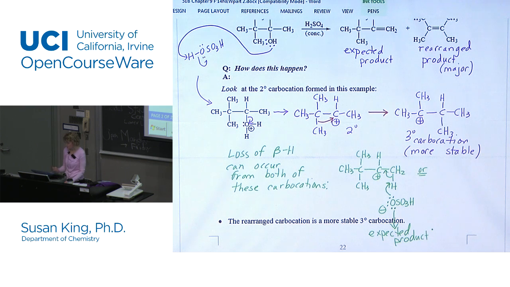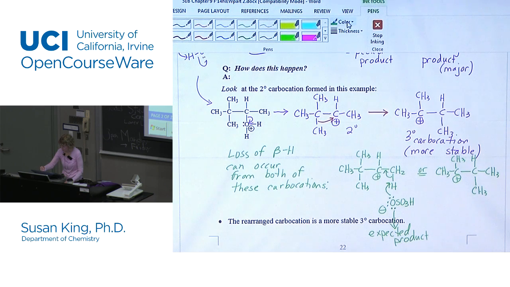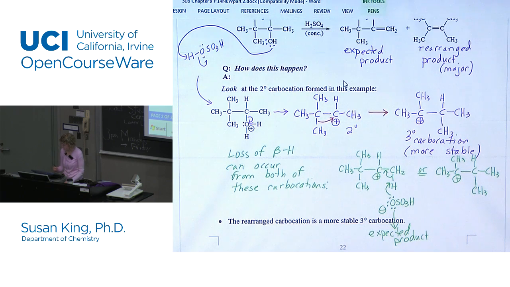But as we said, we can also eliminate from this carbocation. So this is our rearranged carbocation. And what we're going to expect for our major product is going to be the most substituted alkene.